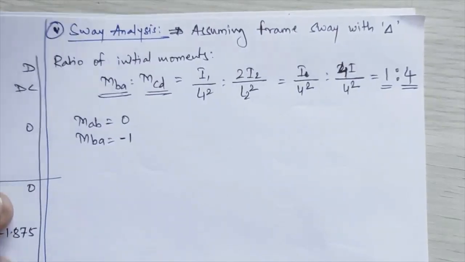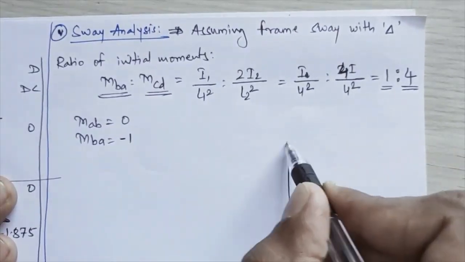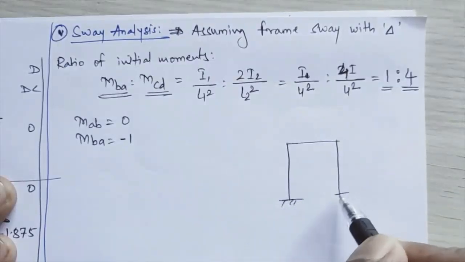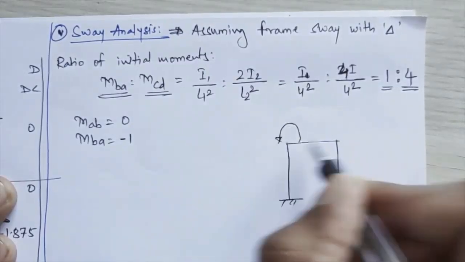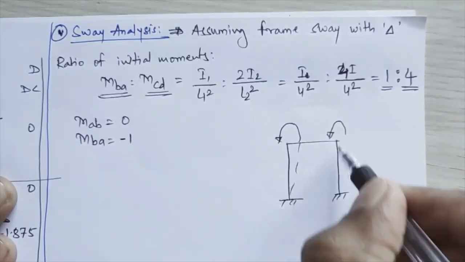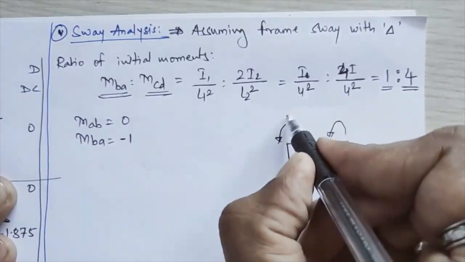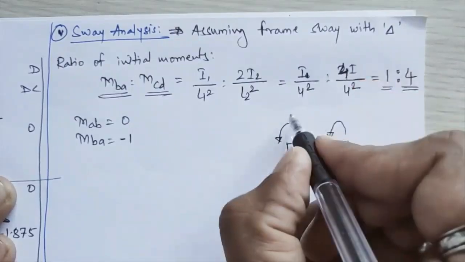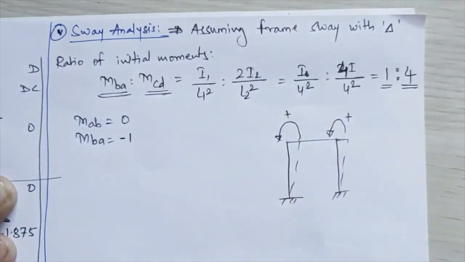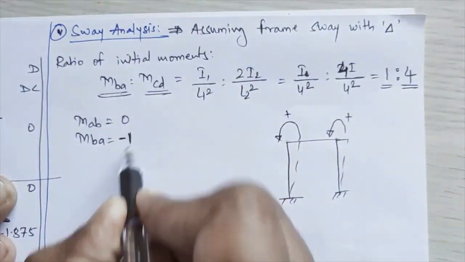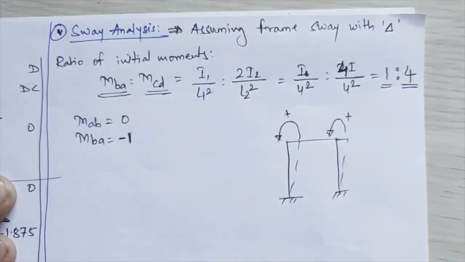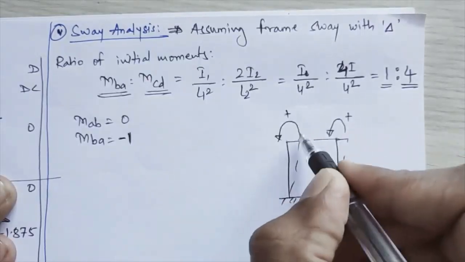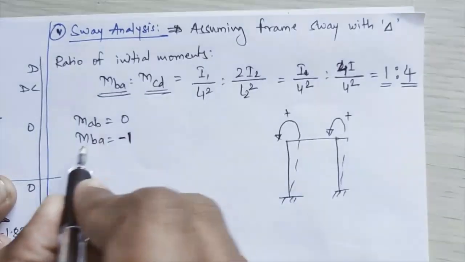If you consider this as your frame, and the moments you apply due to translational displacement delta, clockwise we consider negative and anti-clockwise positive, but we consider restoring signs, so that is why we consider -1 here, because both directions are anti-clockwise in nature.